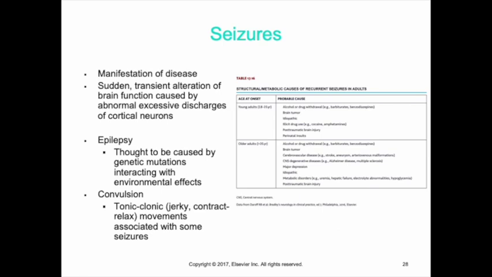So seizure isn't a disease all by itself. It's telling us that there is some other type of disease, and seizure is that clinical manifestation of it. Seizures can be sudden and transient. They disrupt the brain's electrical function, which then shows us that there are abnormal excessive discharges of the cortical neurons.